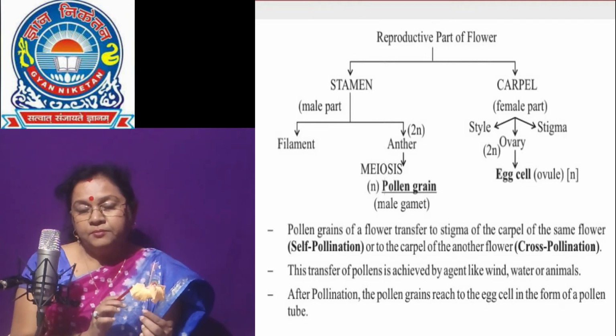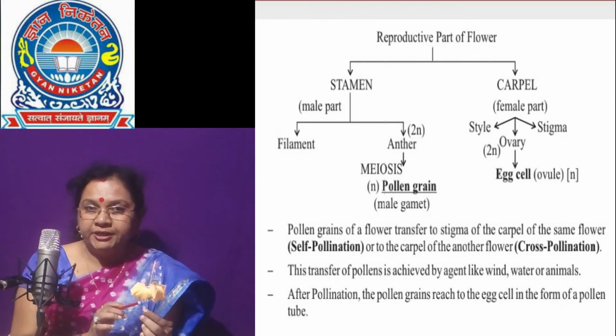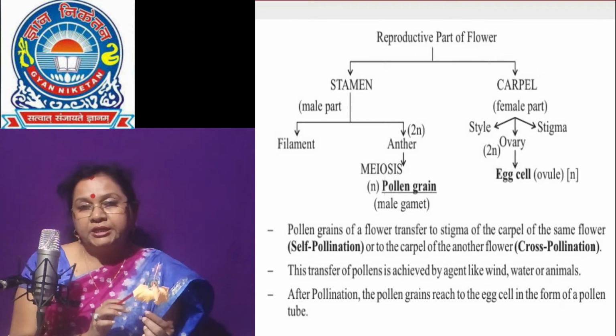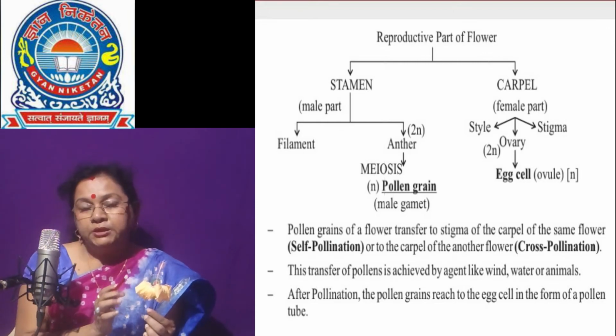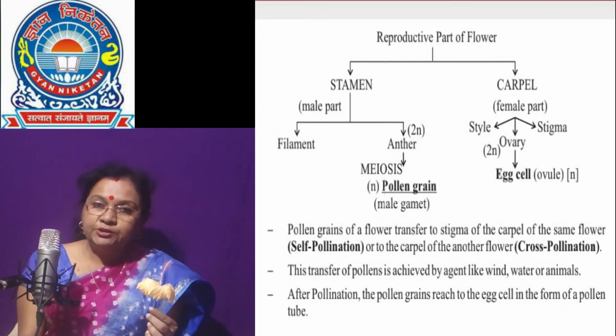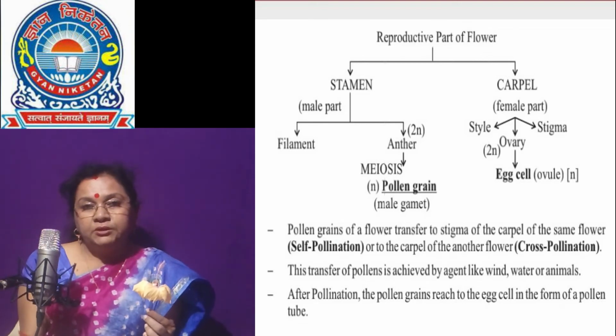In cross-pollination, the flowers, such as watermelon, cucumber and papaya, have male and female flowers born separately, either on two different plants like in papaya, or on two different branches like in cucumber. So with the help of insects or air, cross-pollination occurs.